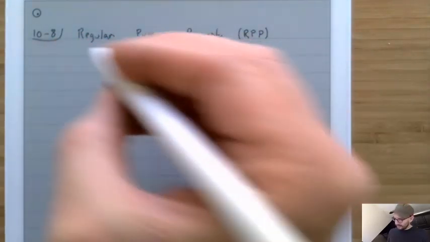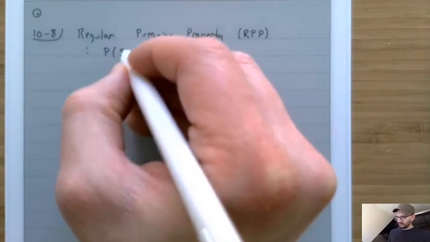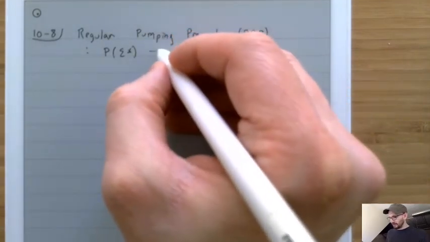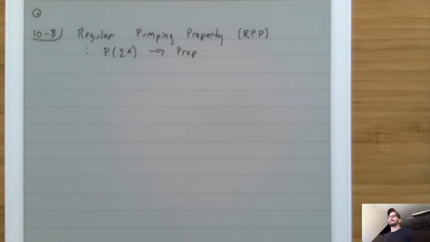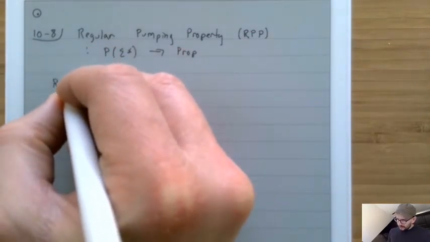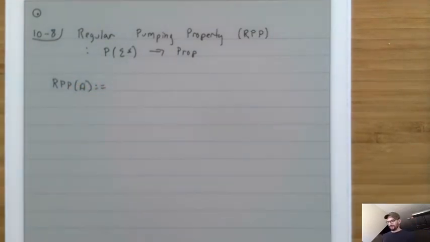So it's something that is a relation between languages, which are elements of the power set of sigma star, and it's a proposition, so it goes to prop. Okay, so we'll say that RPP of A is equal to the following thing.